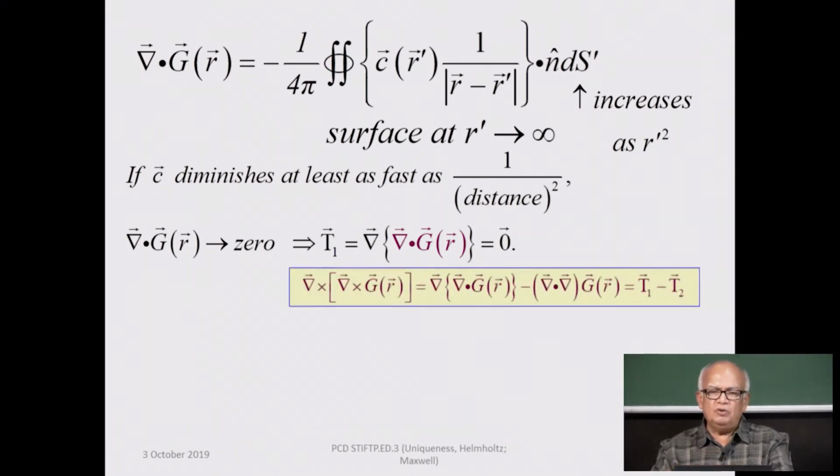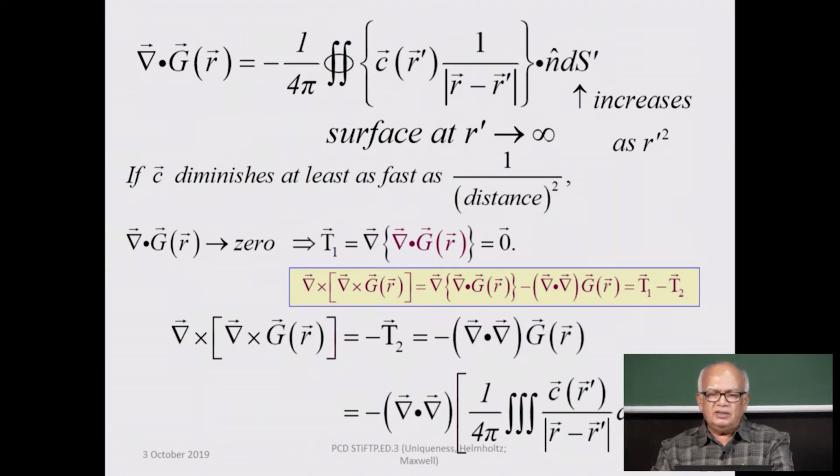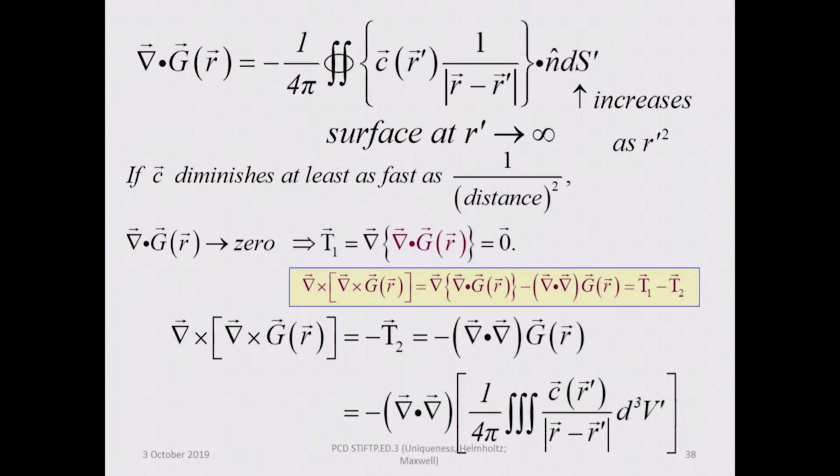If the divergence of g goes to 0, then now you have the two terms T1 and T2. T2 becomes the del dot del operator operating on this integral, and the differentiation in del dot del in the Laplacian is with respect to the field points, the integration is with respect to the source points.